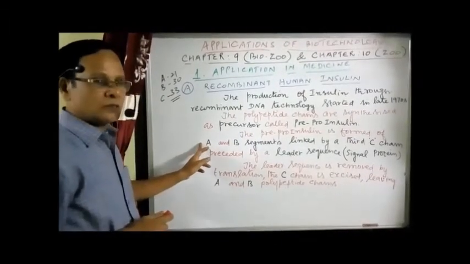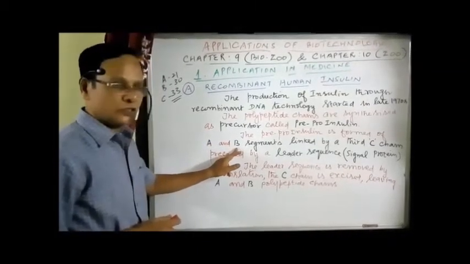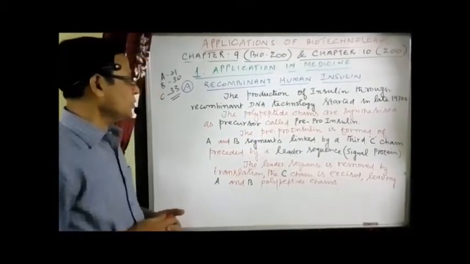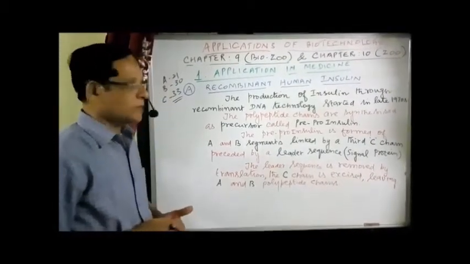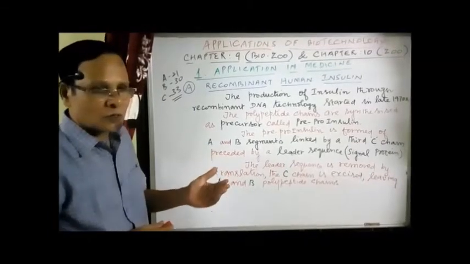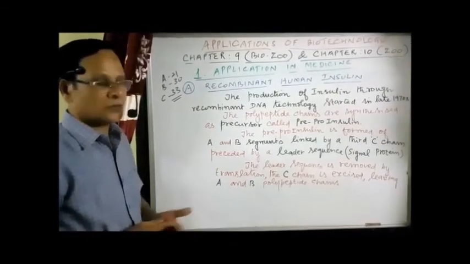Now the A chain with its amino group is connected to the carboxyl group of the B chain. I show that one. And we have what is called the signal protein, otherwise called a leader sequence. Then the Prepro Insulin gets converted into proinsulin by the removal of the signal protein or leader sequence.